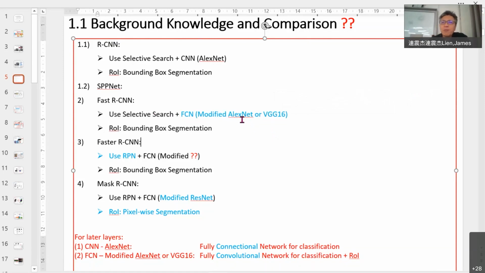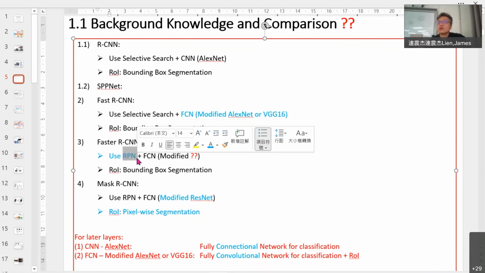So the first paper with complete deep learning is Faster RCNN. Instead of computer vision selective search, they use RPN, region proposal network, to detect the object. So RPN is for the ROI detection.